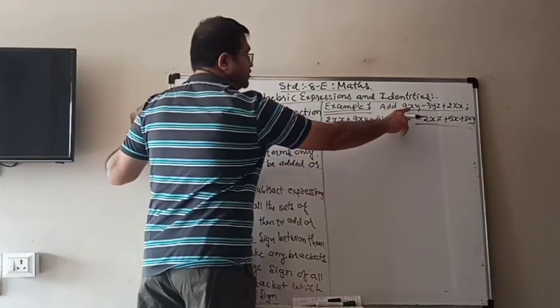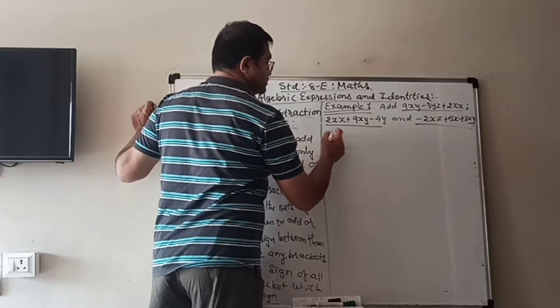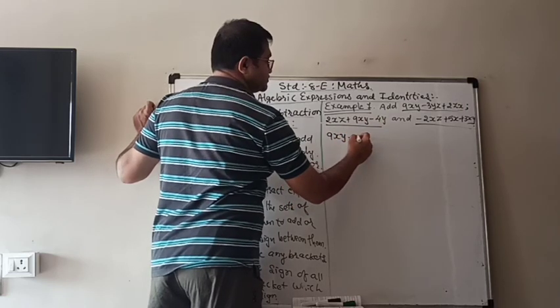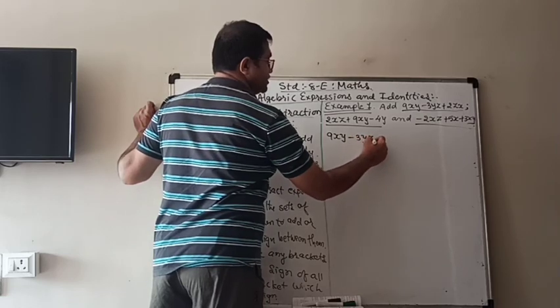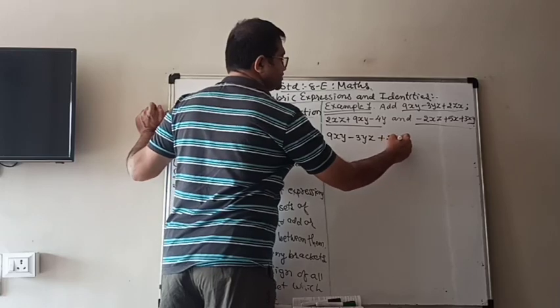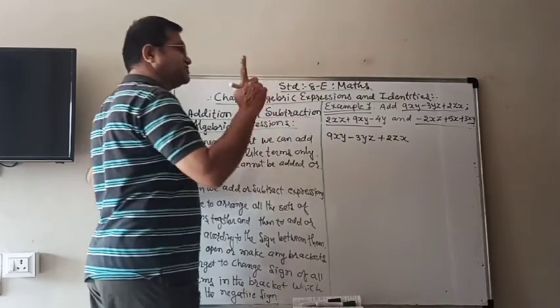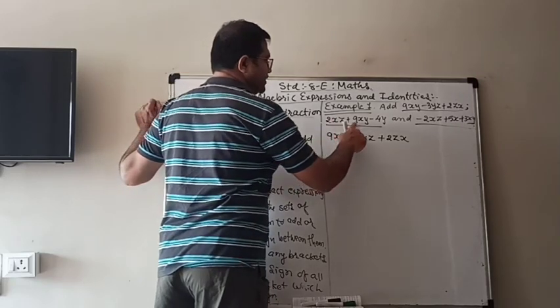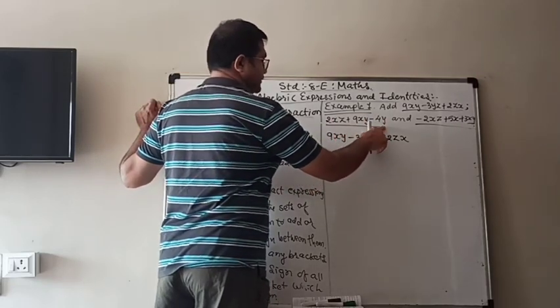First, we can write down the first expression, 9xy minus 3yz plus 2zx. Now the second expression is 2xz plus 9xy minus 4y.